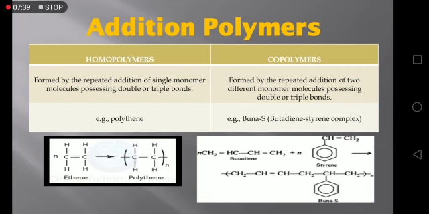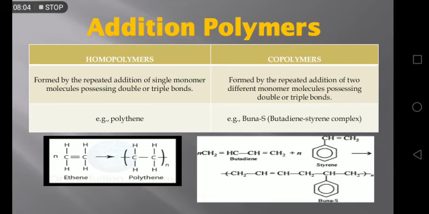Students often get confused between copolymers and condensation polymers, so I must make it very clear here. As I said, it is not condensation, it is basically the addition reaction, because here you can't see any small molecule like water being eliminated after the reaction. That can happen only if you react molecules like in the formation of ester.